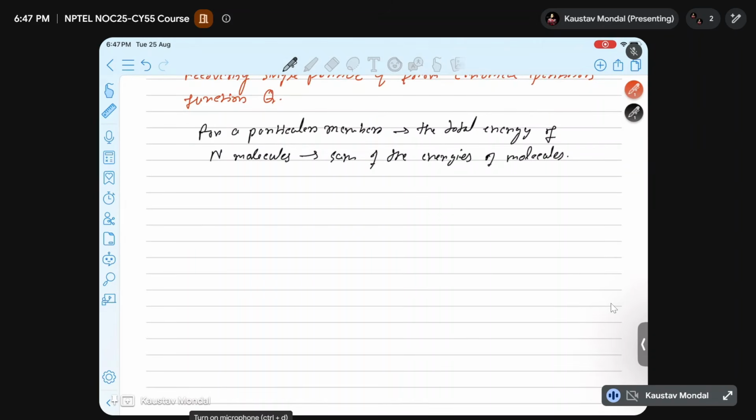Now the total energy, in a mathematical way, looks like this.